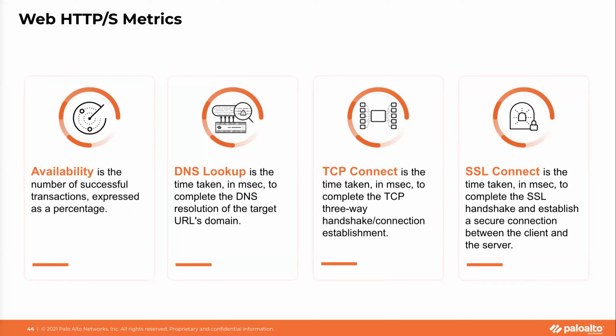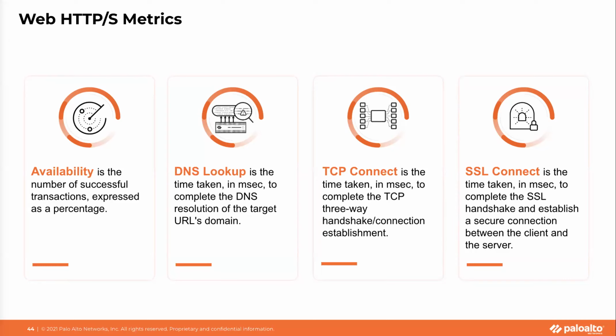The web metrics are based upon HTTP or HTTPS traffic. It is important to remember that you must create a security policy that allows HTTP and HTTPS traffic. The data provided on the web metrics for HTTP and HTTPS traffic includes availability, DNS lookup, TCP connect, and SSL connect. For the web metrics, availability is the number of successful transactions expressed as a percentage.